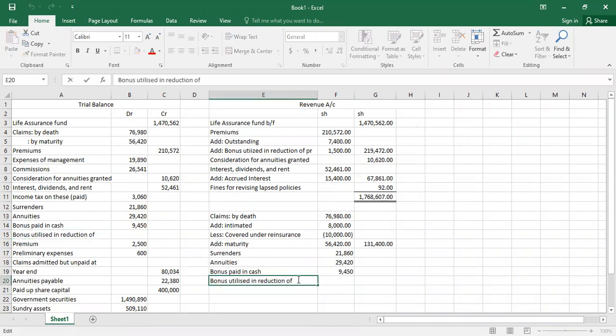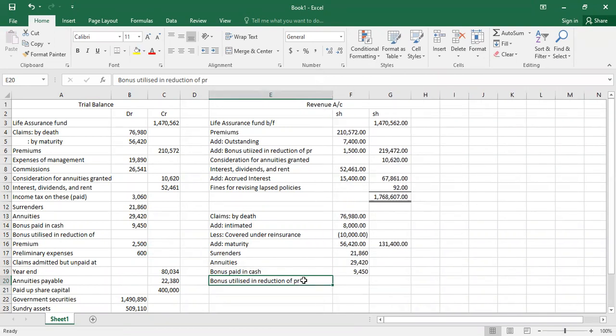So of premium, and this is 2.5. But remember you need to adjust this figure, the bonus utilized. We had an additional information. We had a 1.5. Can you see it? So this should be 2.5 plus 1.5. So you're going to get 4,000. You can see it in the additional information, the bonus utilized in reduction of premium.